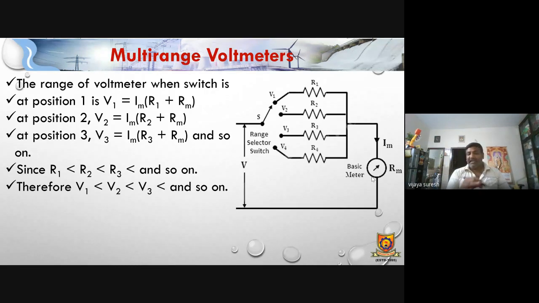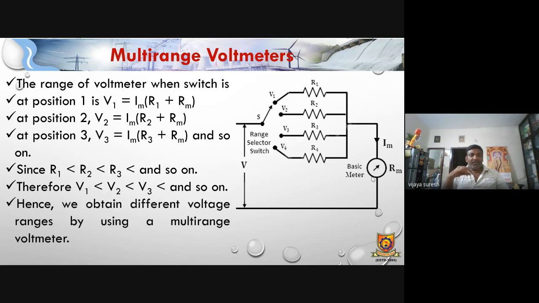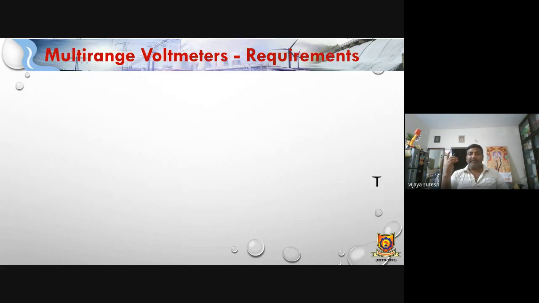If more resistance is there, we can measure more voltage. Hence we can obtain the different voltage ranges by using a multi-range voltmeter.